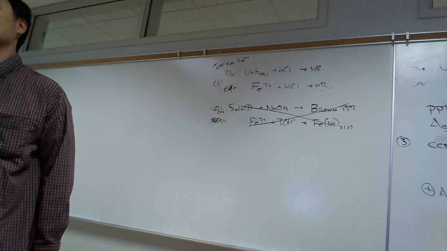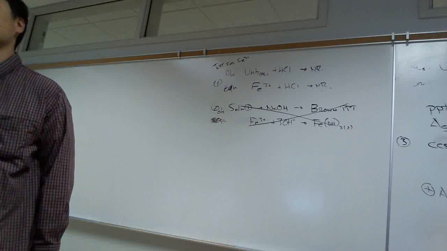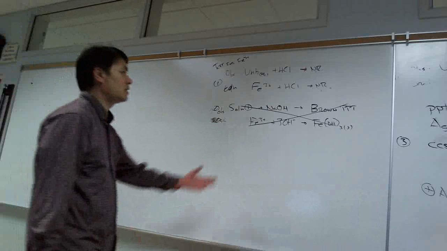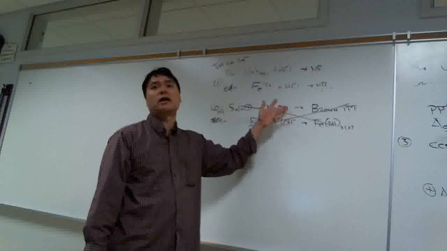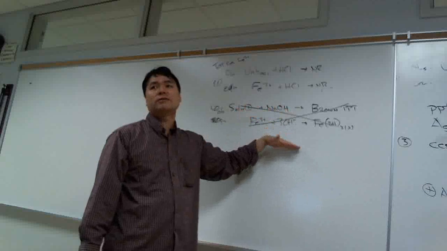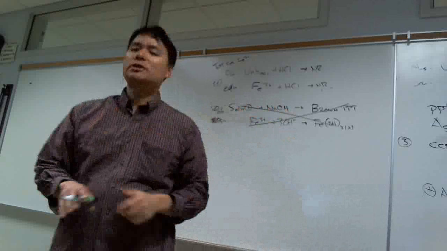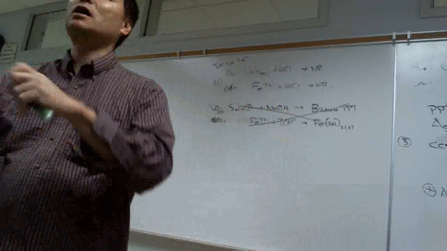In order to precipitate the 3+ cations, we don't need as much hydroxide. If you dump in a lot of hydroxide like this, you have the potential of precipitating out the 2+ cations as well. So we have to do controlled precipitation in which the pH does not climb too high.